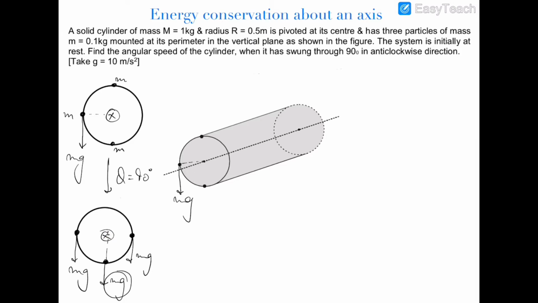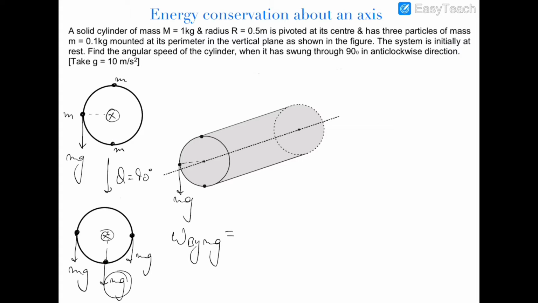Now we can see that work done by mg from this position to this position would be, you can see that a mass m was situated at this position initially, and so it is in the final position also. So there is no difference for this position.